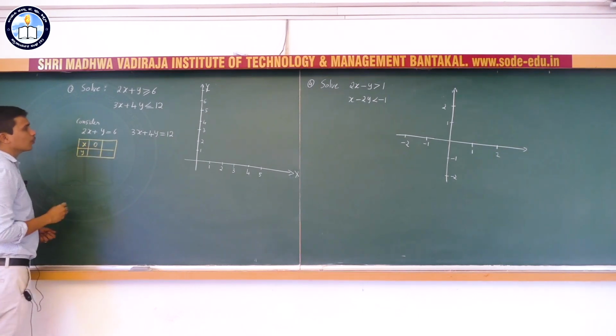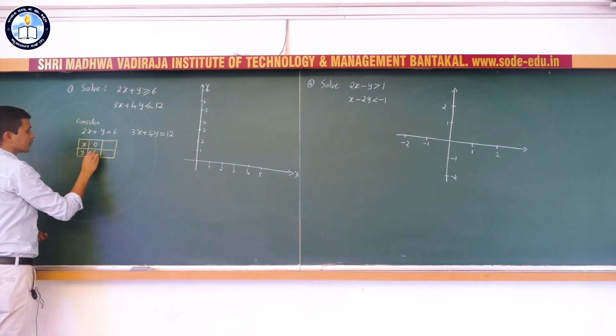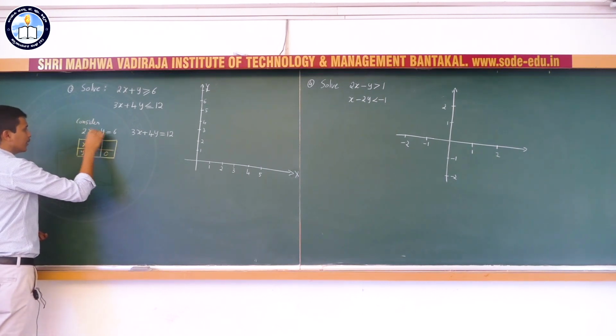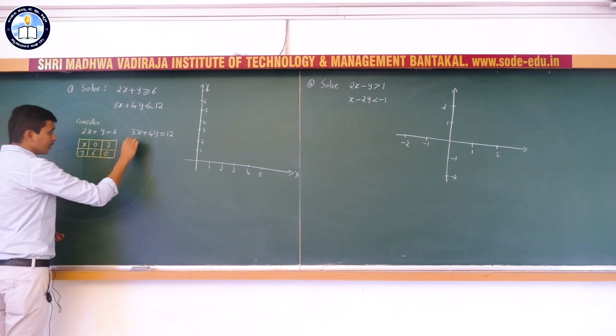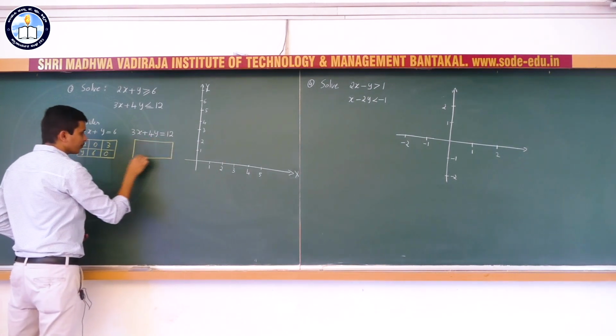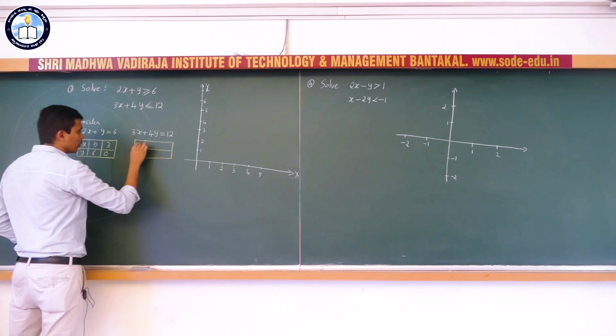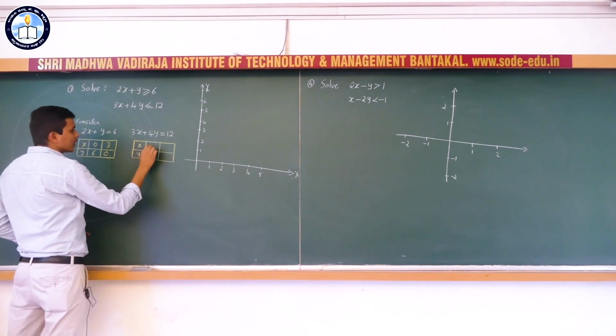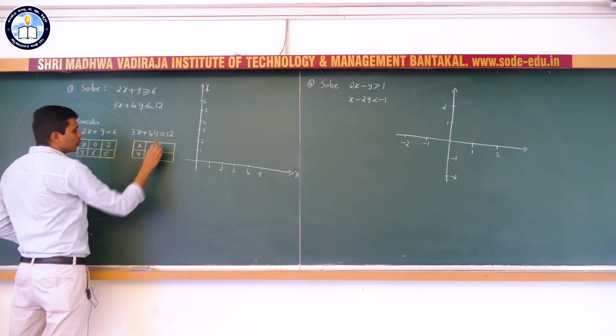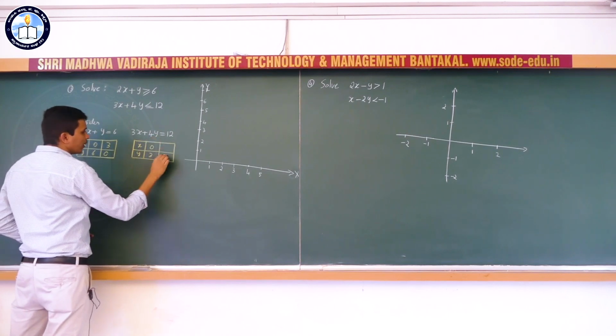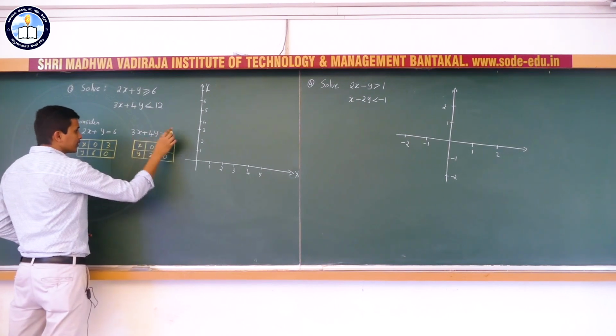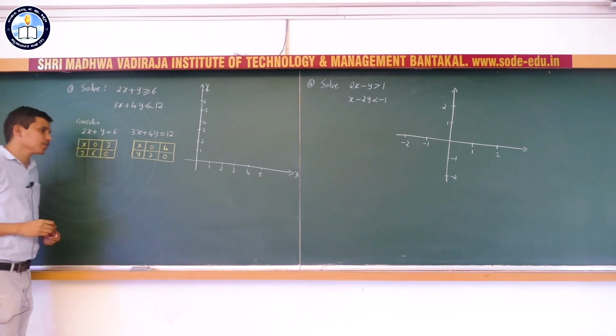X is equal to 0, y is equal to 6. If y is 0, x is equal to 3. And here, suppose x is equal to 0, y comes to 3. And if y is equal to 0, in that case x is equal to 4. Like this way it comes.